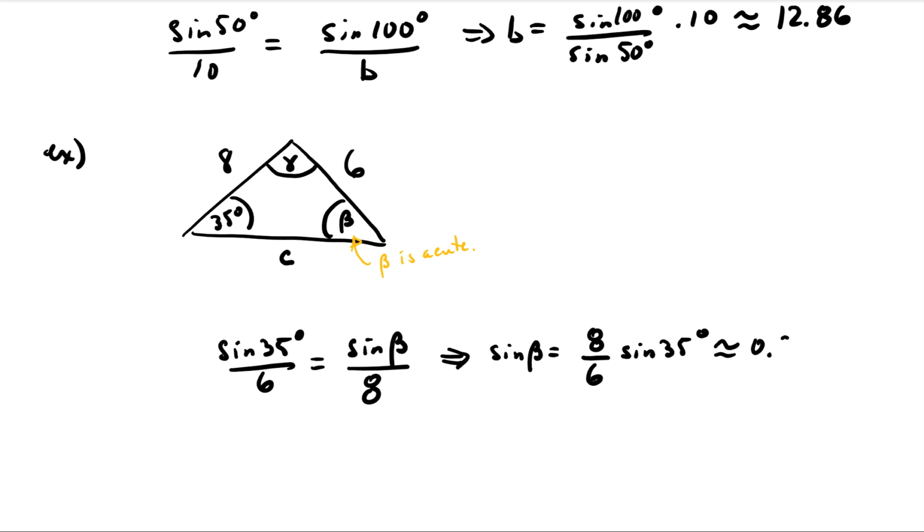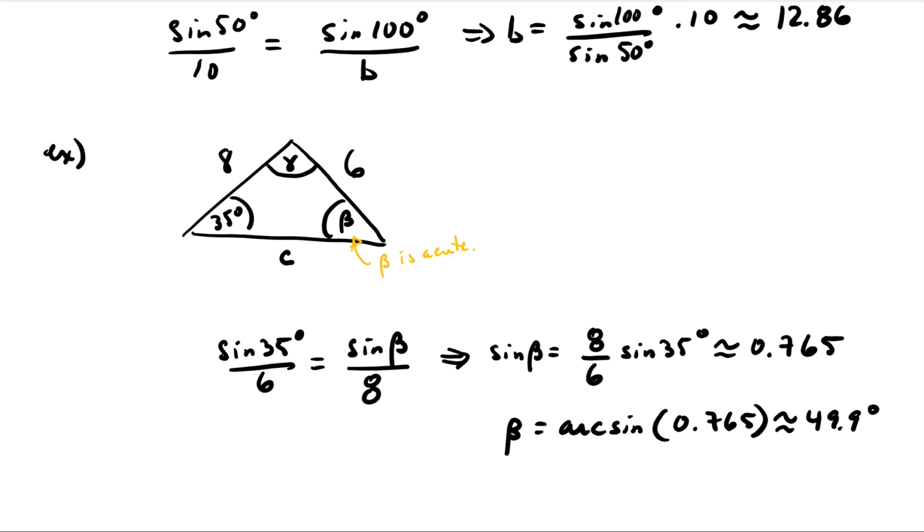This is approximately 0.765. And here, to calculate beta, I can take the arcsine. Okay, and I obtained 49.9 degrees.